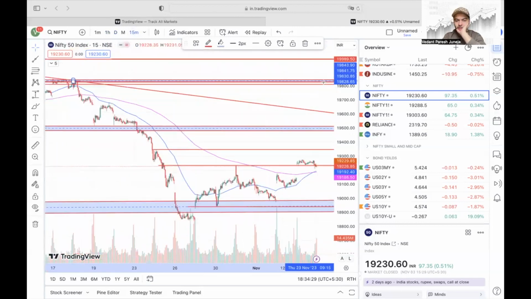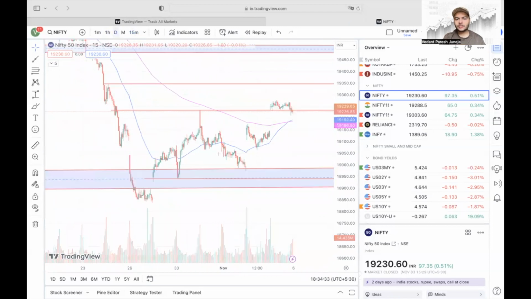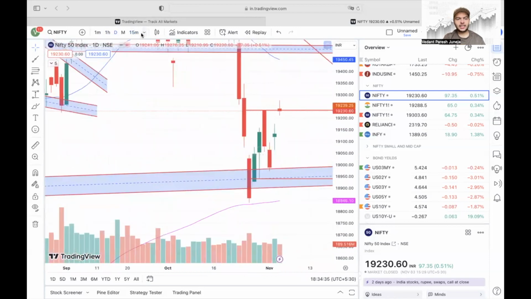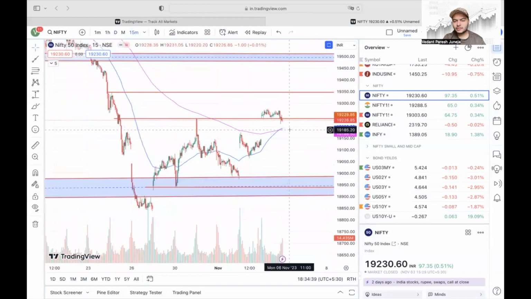But I also have some cutoff levels here. The cutoff level is that if we again go below this level, for example 19,200 on Nifty, we are not bullish, then I will not play bullish if we break below the 19,200 level.